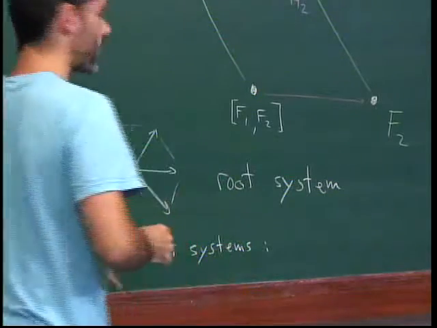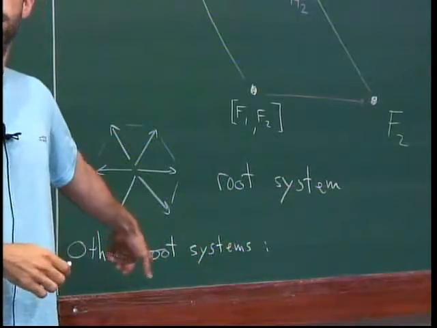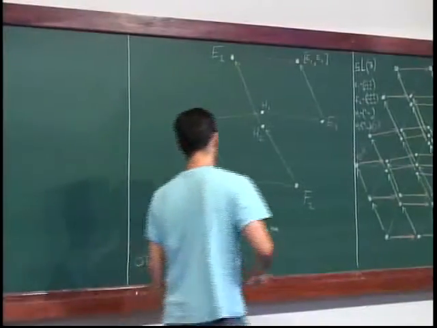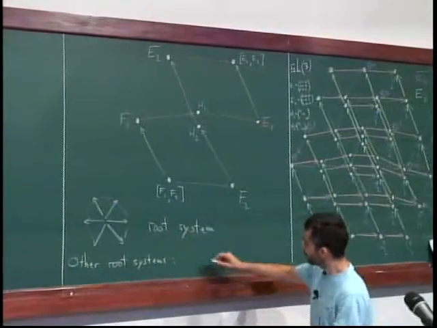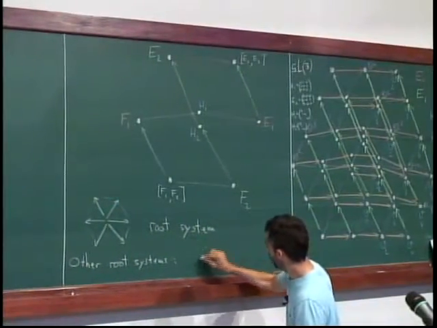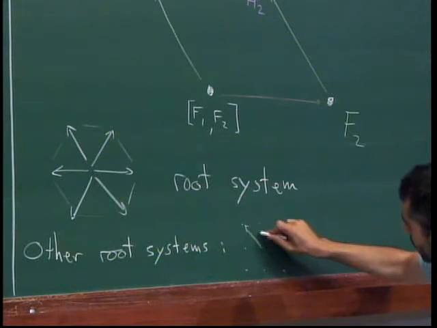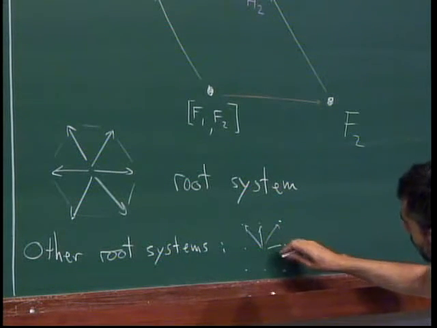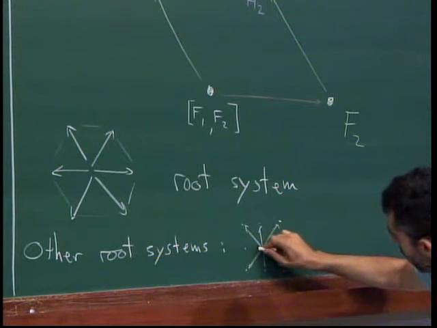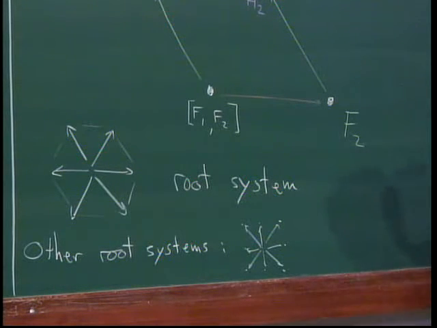So these are root systems of other Lie algebras. They're not root systems of SL3. There's one that looks like this. Draw a square with 9 dots, and then there's this one.